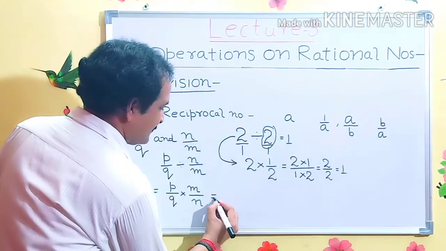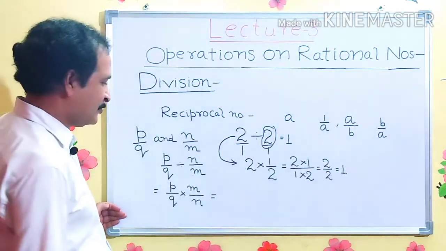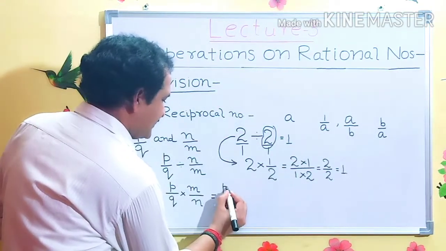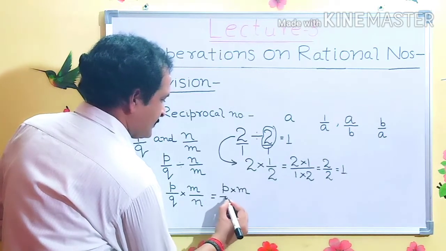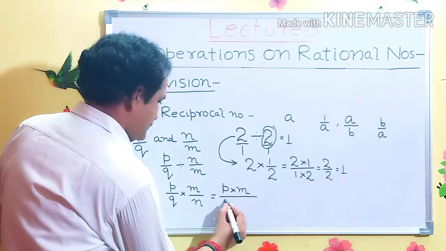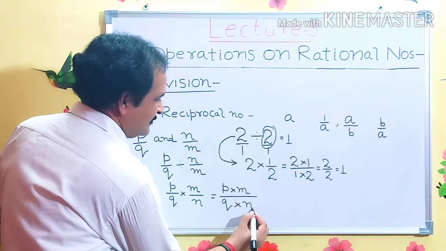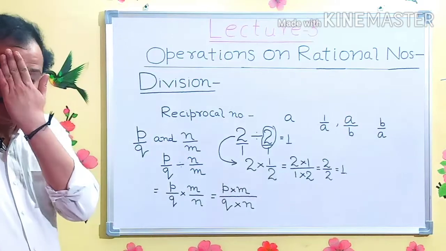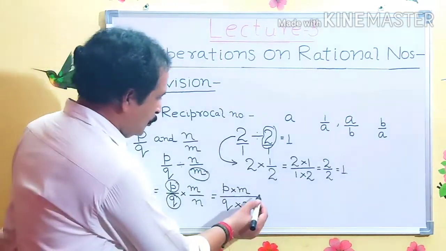We know the concept of multiplication of rational numbers, and what is the concept? Multiply numerators upon multiply denominators. So, in case of division, look at the result.